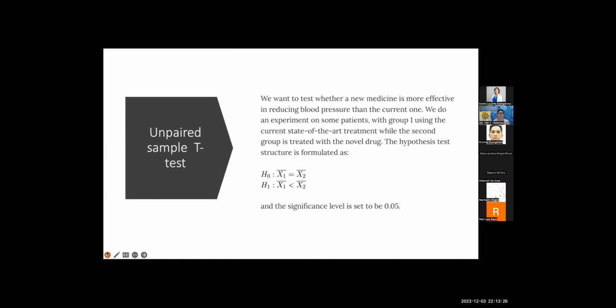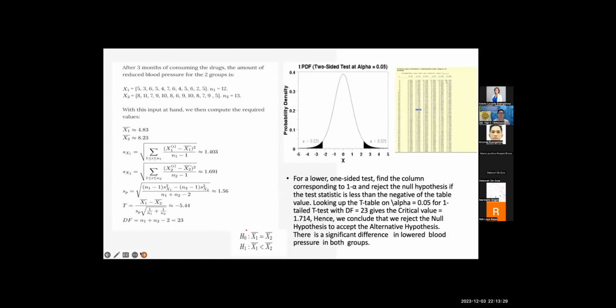Okay, the next slide, please. Same as before, the third step is to set the significance level, which we always set at 0.05. We also need to get the degrees of freedom. The outcome after the study is as you can see: X1 is for group 1, those using the innovator drug, and X2, with 13 subjects, is for those tested with the new drug.